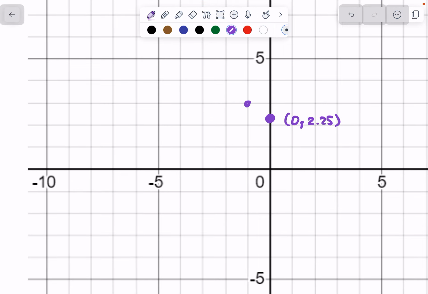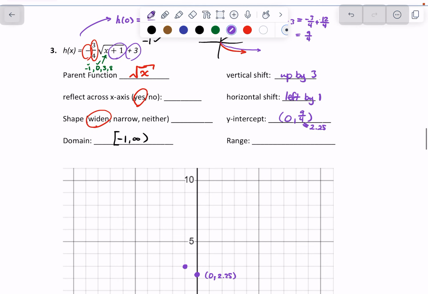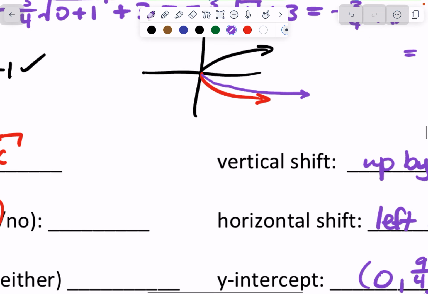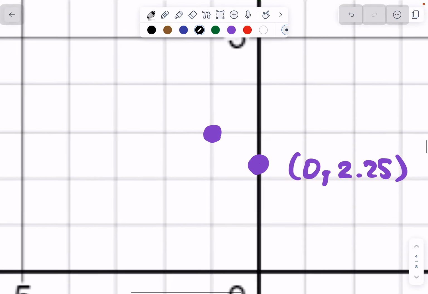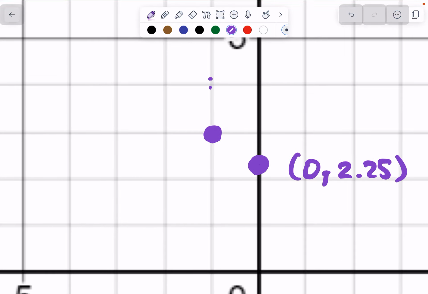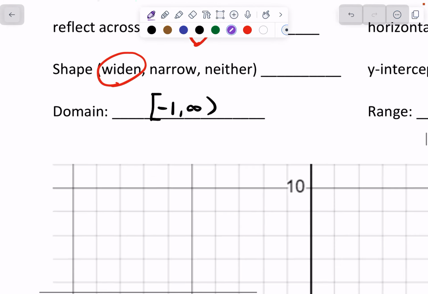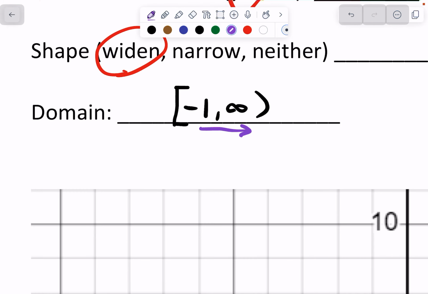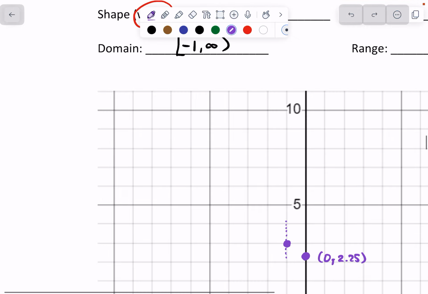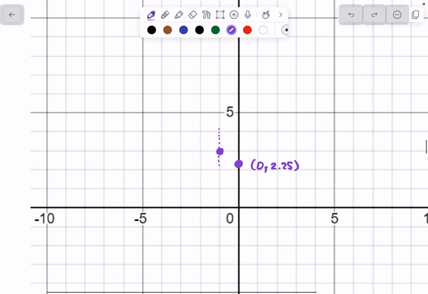In fact, you know what this is? That point right there corresponds to where the point from the origin went. This is basically the left end of my domain. We already said the domain starts at -1 and goes to the right. So we know the graph does not exist left of that point, which is really good.